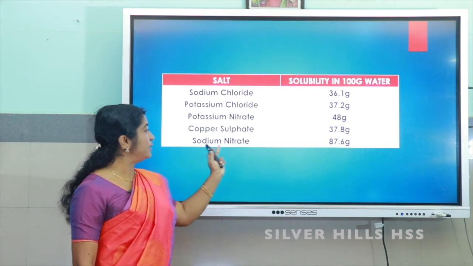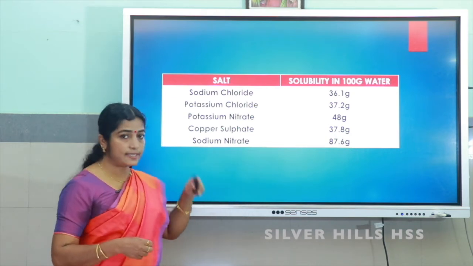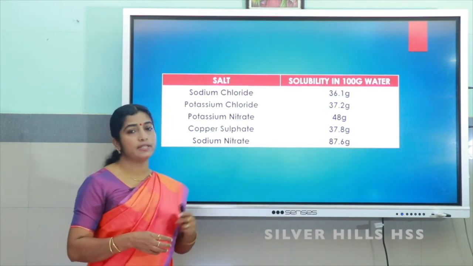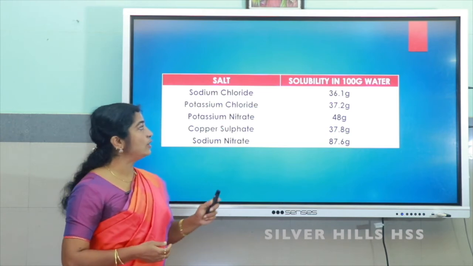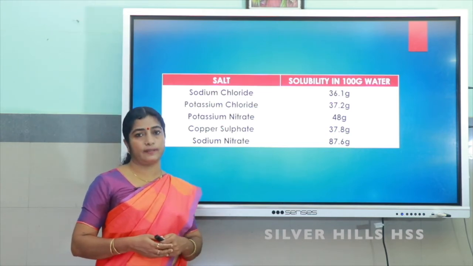See the solubility of sodium nitrate: in 100 grams of water we can dissolve maximum 87.6 grams of sodium nitrate. So these are the solubilities of some salts in 100 grams of water.